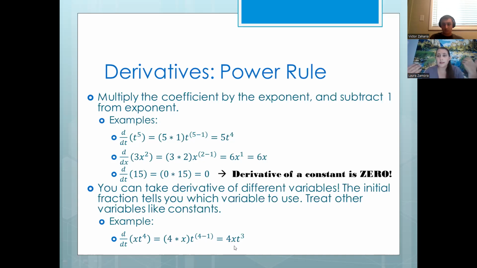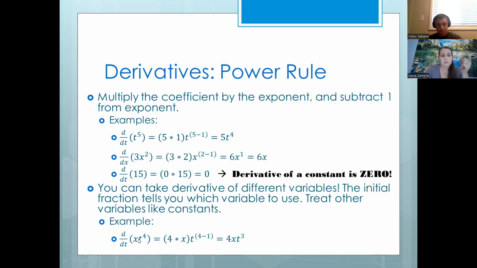If we were asked to, we could take the derivative with respect to x instead of with respect to t. In that case, t to the 4th would be our coefficient, and the same power rule would apply.